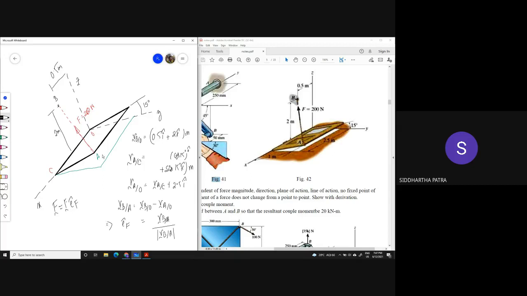Now you can get the moment of the force about point O, and for that simply do this, or you can get the moment about C. For that simply do this. Just check, in either case the x component of the moment is the same.